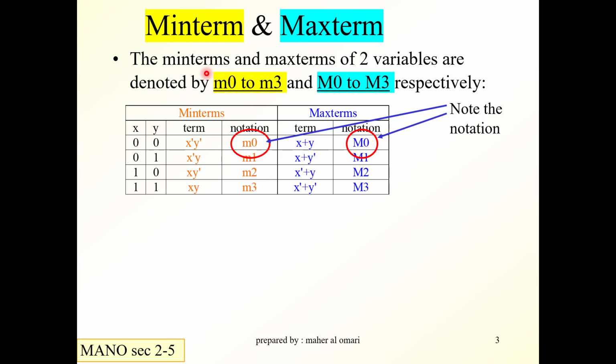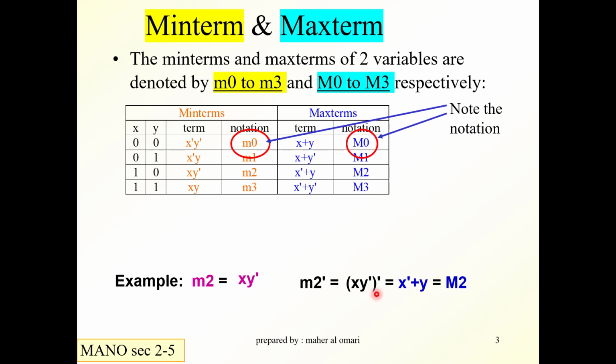So the minterms of two variables are denoted as m0 to m3, these ones here. And the max terms are capital M0 to M3, which are these. Example, the minterm m2 is equal to x, y bar. Okay, the complement of m2, which is this, is equal to the complement of this, which is here.